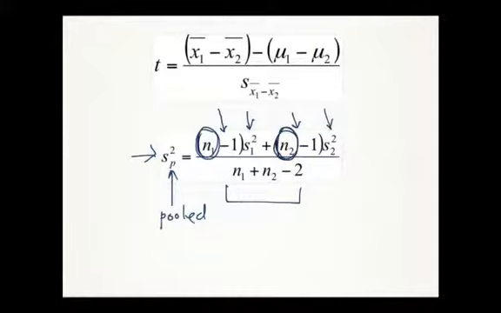This pooled estimate you can think of as a weighted average, right? We want to weight the sample variance from the group that has the larger sample size. That gives us this pooled estimate of the variance, which we write S squared P.